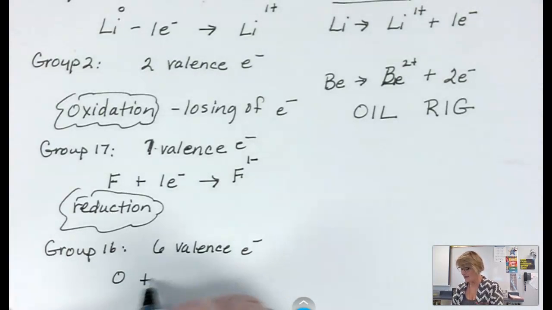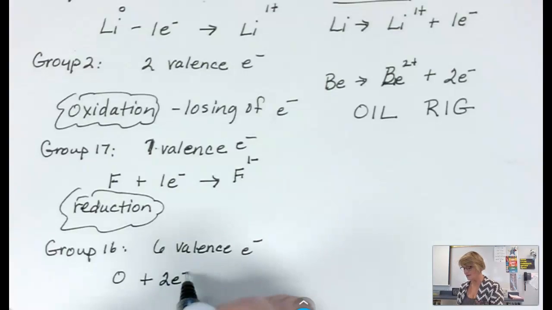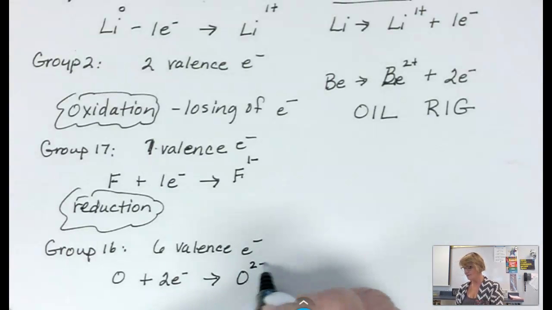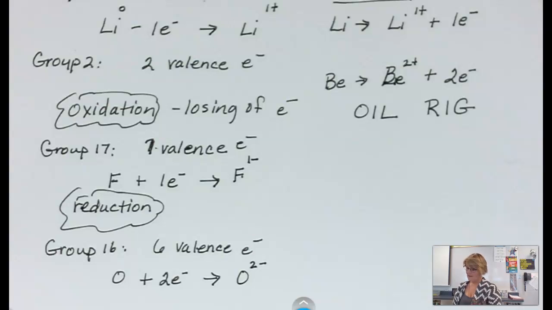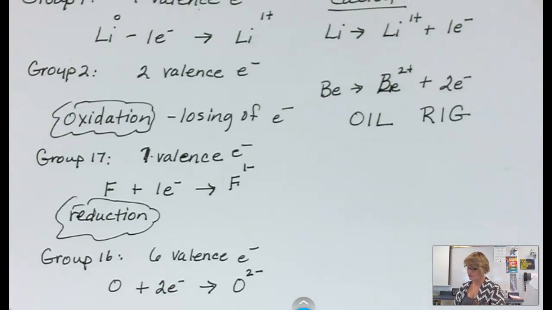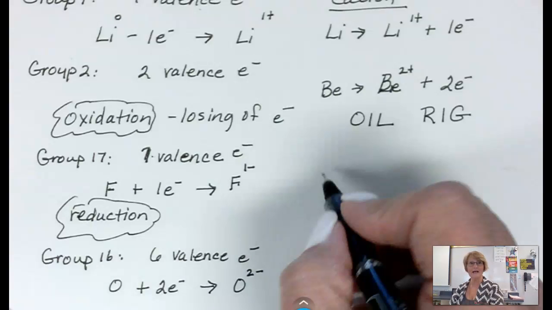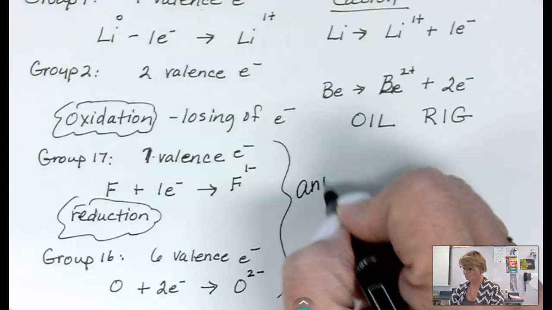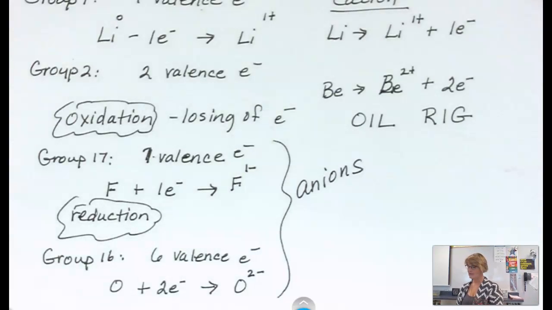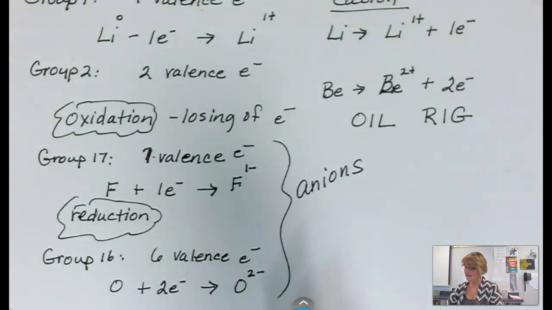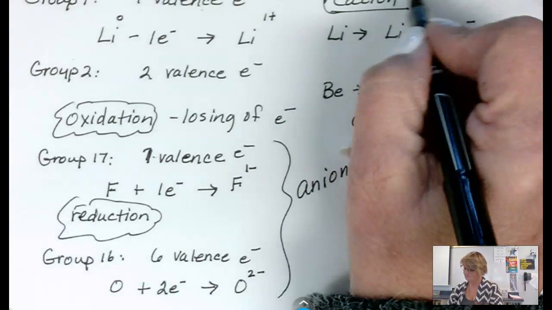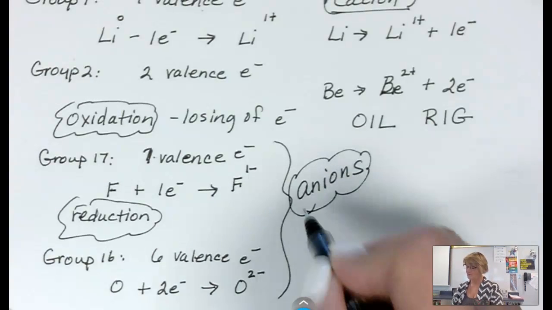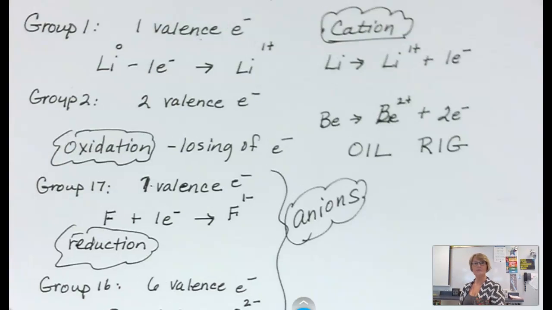Oxygen would like to gain 2 electrons, and when it gains 2 electrons, it is 2 negative. That is the formation, and again, these are called anions. So we have cations and anions. Remember those 2 words.